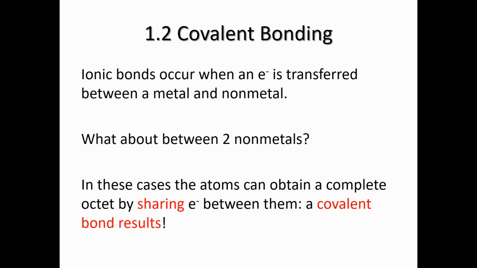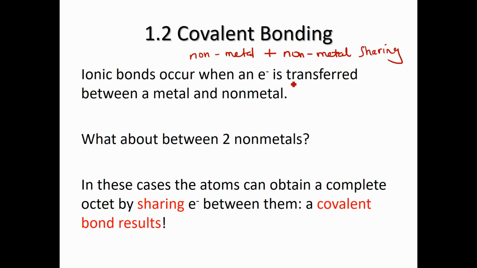Okay, covalent bonding. Covalent bonding, like I said, is usually found between nonmetals. So ionic is between a metal and nonmetal. Covalent is between a nonmetal and a nonmetal. I've shown you on the periodic table how to tell which are nonmetals, which are metals. So here they're sharing.